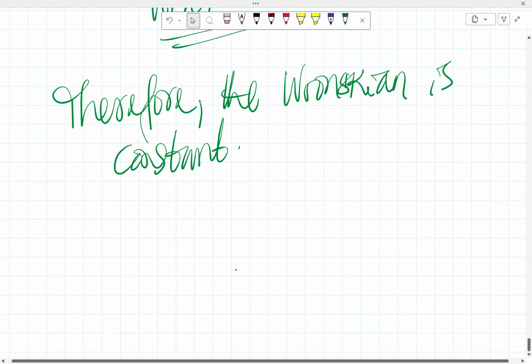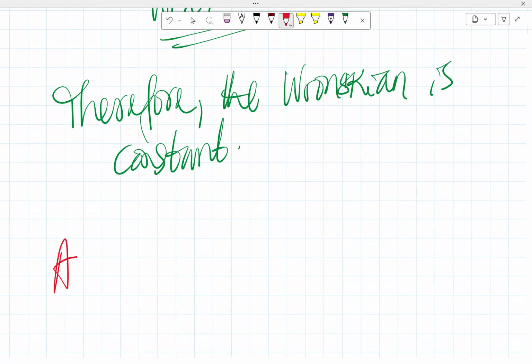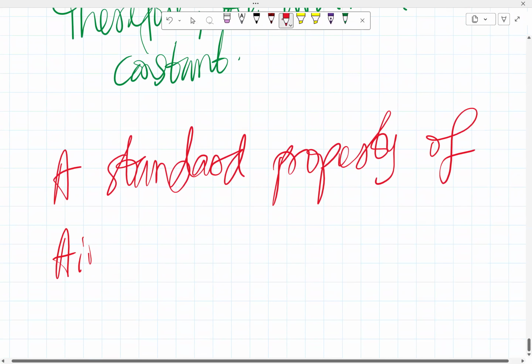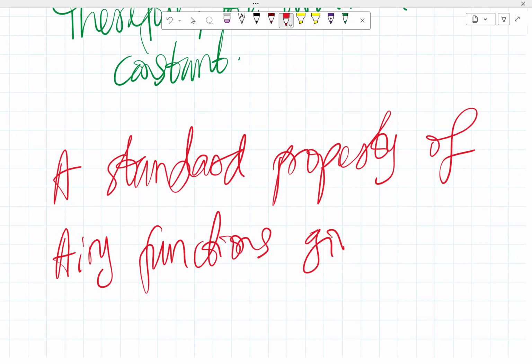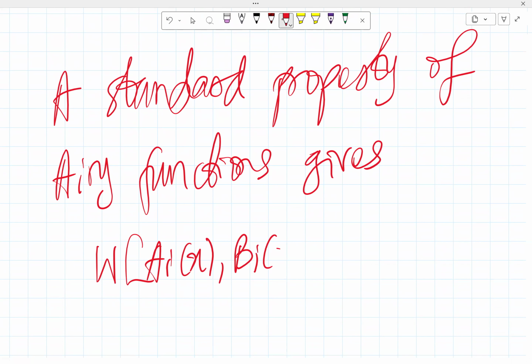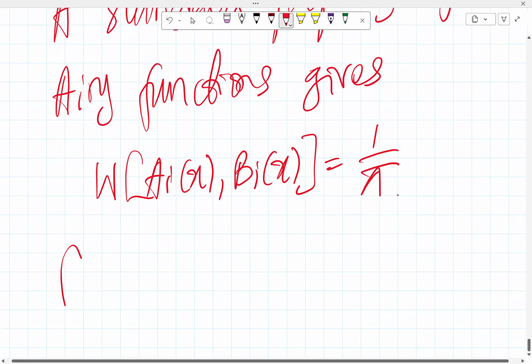So the next thing we need to do is to determine the constant. To do that, we know that a standard property of Airy functions gives W(Ai(x), Bi(x)) equals 1 over pi for all x.